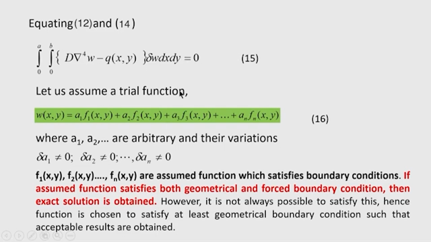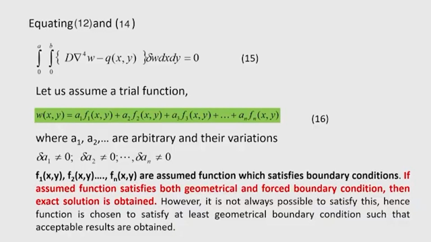So, now let us assume a trial function w(x,y) equal to a1 f1(x,y) plus a2 f2(x,y) plus a3 f3(x,y), and then up to the nth term a n f n(x,y). So, this is the assumed function for the deflection of the plate. This should be taken in such a way that the boundary conditions are satisfied. It is not necessary that differential equations should be satisfied by the trial function, but at least the geometrical boundary condition must be satisfied.